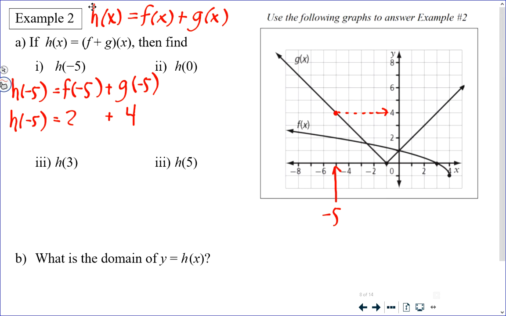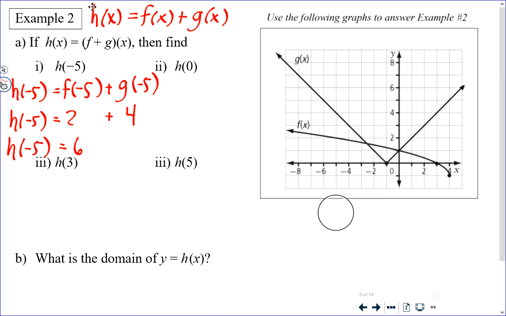You have to figure that out. f of negative 5 is the y-coordinate when x is negative 5 on f. g of negative 5 is the y-coordinate when x is negative 5 on g. So now we can add these two numbers together and we get h of negative 5 equals 6. We're adding the y-coordinates.